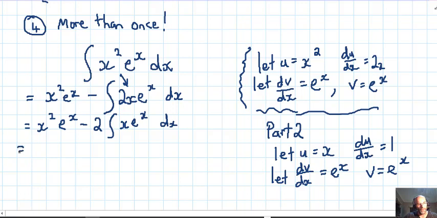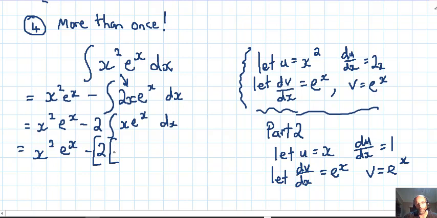So we have x squared e to the x, and some beautiful algebra coming up here, minus 2 outside of double brackets.